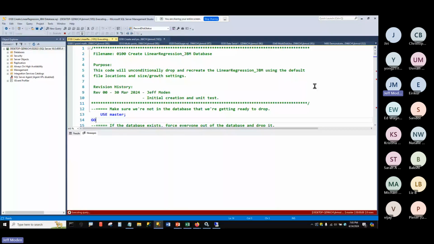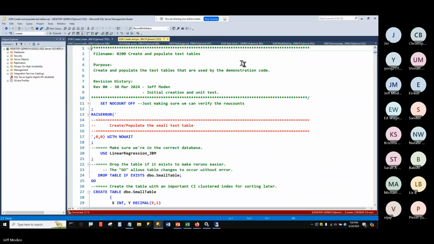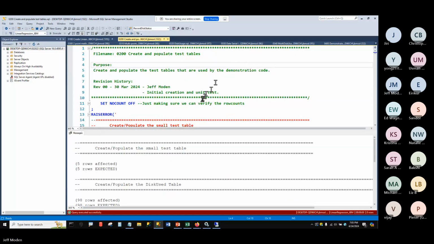So if we run this, we can also see that it has created a couple of other things here. We'll get to those other things a little bit later on, but it created the database for us. And then we also want to create some data. We have 3 tables.